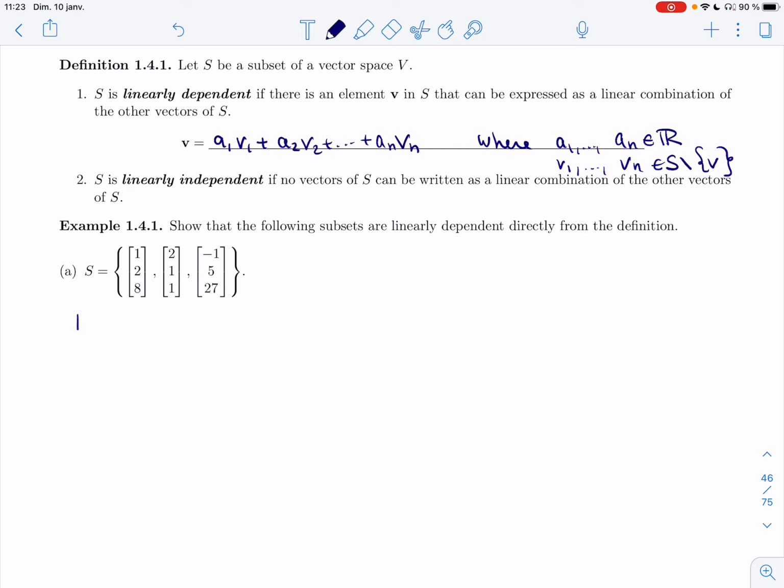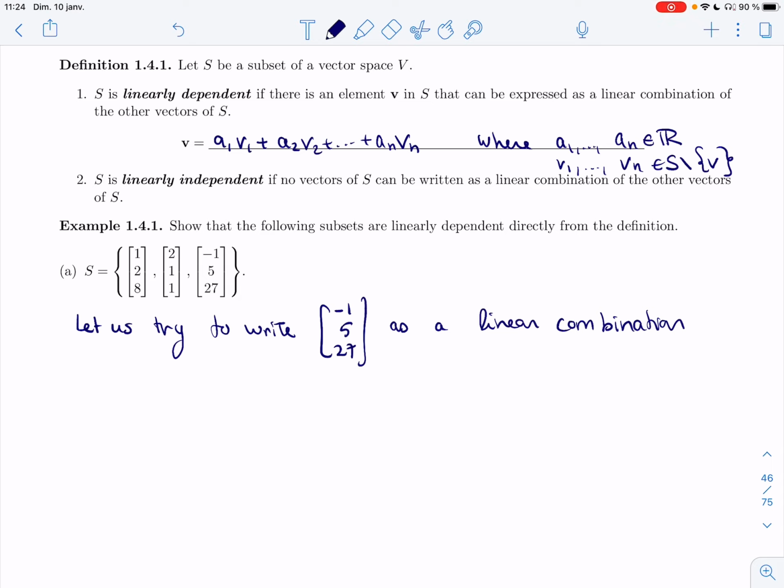So let's try, I'm going to take the third just because that's what we're used to, (-1, 5, 27), as a linear combination of the other two, so of (1, 2, 8) and (2, 1, 1).